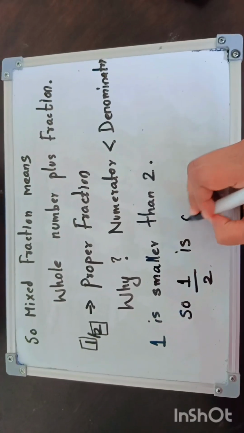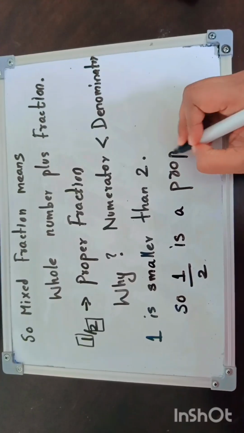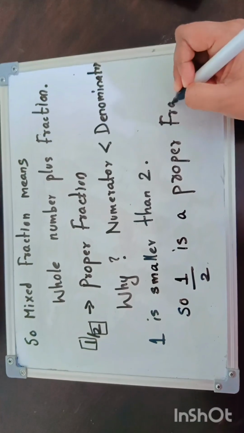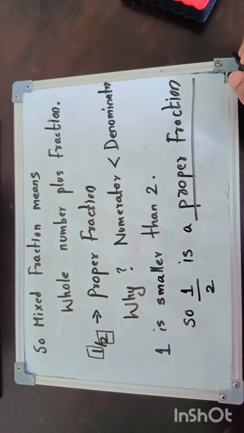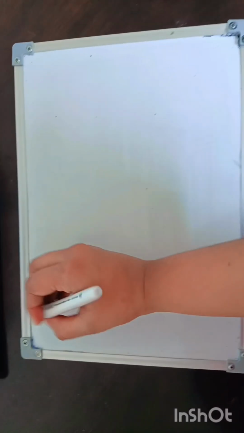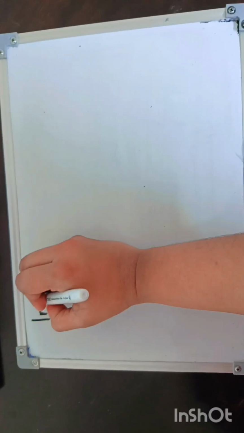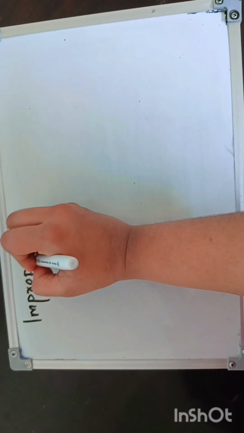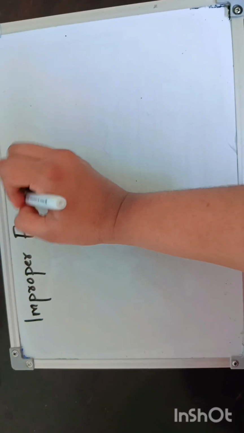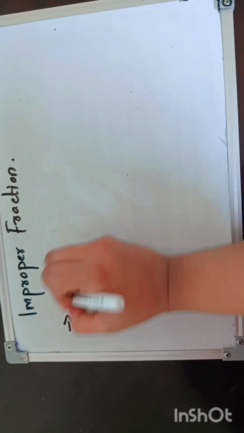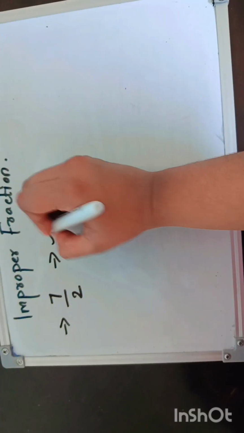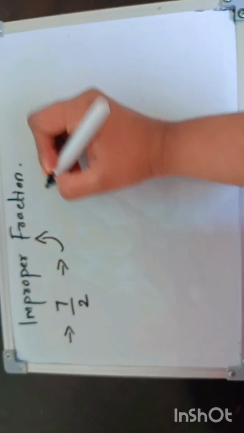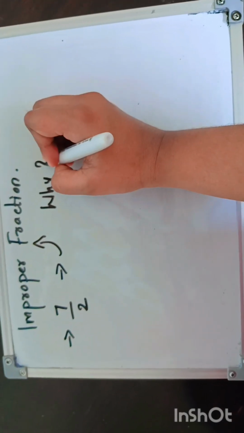So now we have learned what a mixed fraction is and what a proper fraction is. A mixed fraction has two parts, whole number plus fraction, and a proper fraction is one whose numerator is smaller than the denominator. Now we are moving to another one, which is the improper fraction. If you know proper fractions, it is very easy to understand improper fractions. Example: 7 by 2. This is an improper fraction. Why?